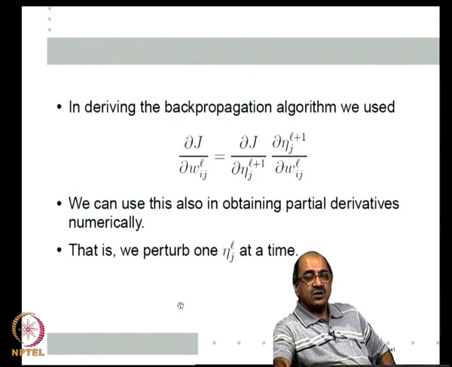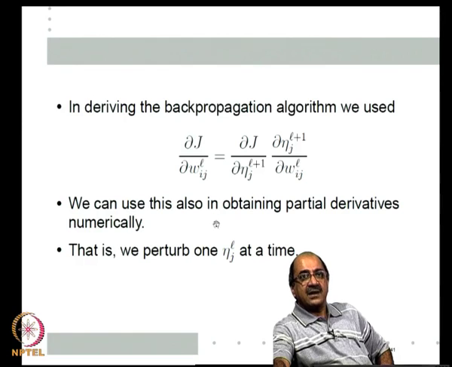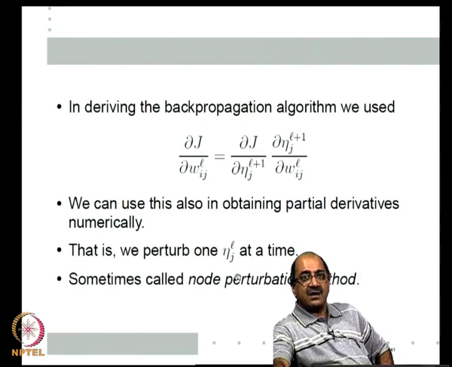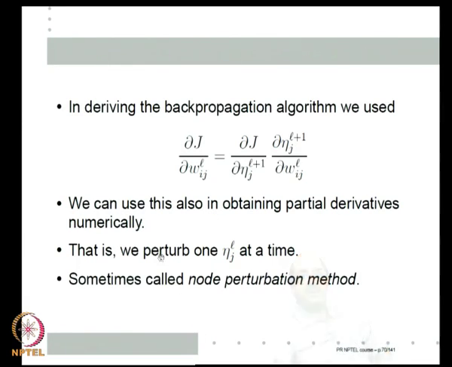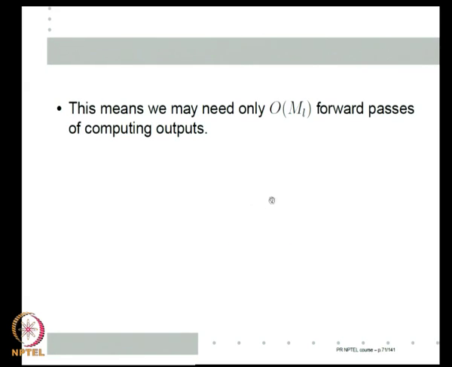Right. So, this way of perturbing a node at a time is sometimes called the node perturbation method of numerically evaluating the partial derivatives. Which means we only need to calculate order ML forward passes, right, because there are only ML nodes. For each node I want to find the output once, because I found the output with Njl already.